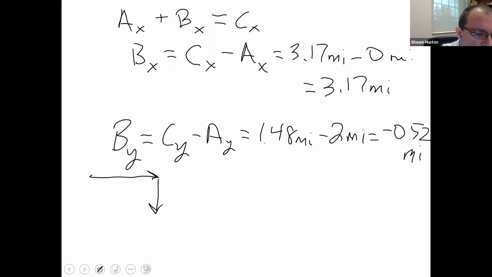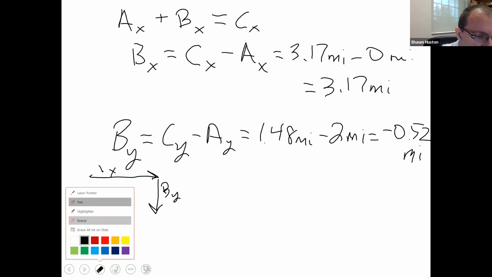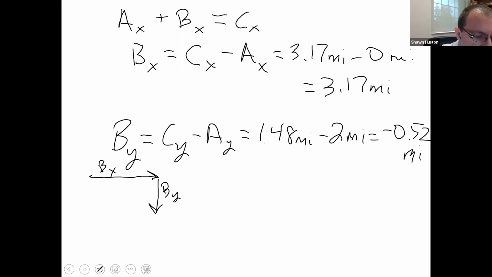This is B sub X. This is B sub Y. And then if I complete that right triangle there, that will give me B. And that B is what I would like to know. I'd like to know how far I have to walk.